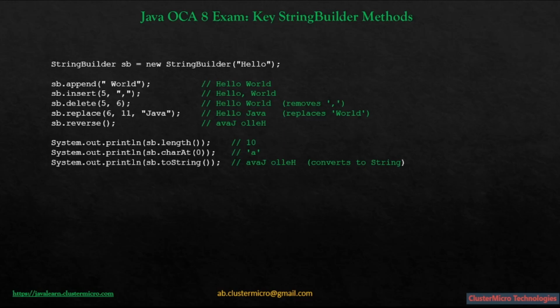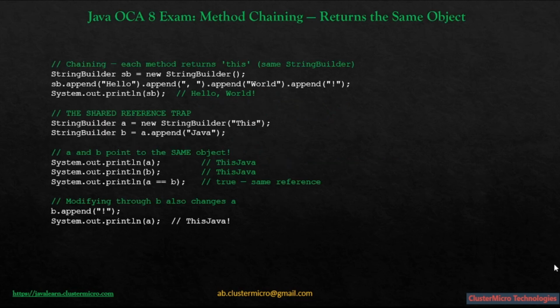Length returns the current character count, so that's 10, and charAt returns the first character, a, because after reversing, the string starts with a. And toString converts the StringBuilder content into a regular immutable String. So this is how you hand StringBuilder content to methods that expect a String.